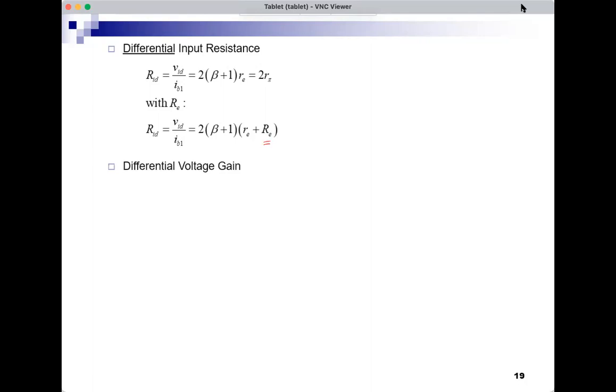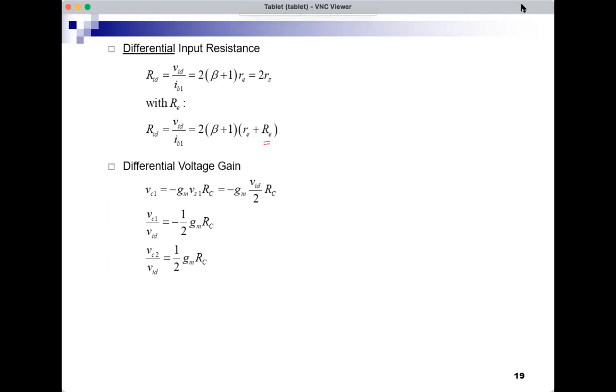For voltage gain, similar to the MOSFET case, we find the collector voltage of Q1 and the collector voltage of Q2, and we get results similar to the MOSFET case. They are 1/2 GMRC. One of them is plus and the other is minus.